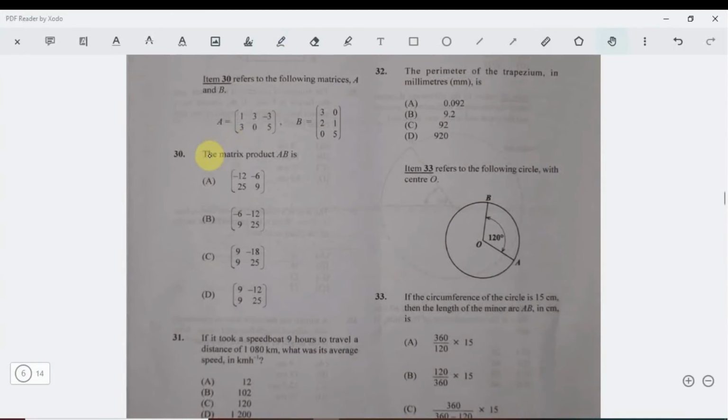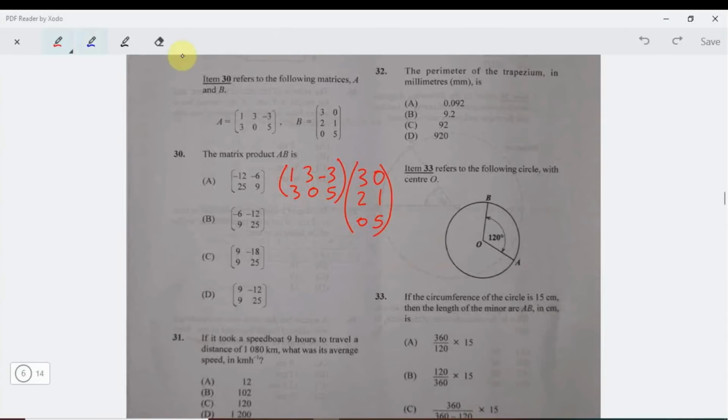Question 30. Find out what is the matrix product A times B. So we need to multiply A times B. So 1, 3, minus 3, 3, 0, 5 multiplied by the matrix B, which is 3, 0, 2, 1, 0, 5. Multiplying the matrix, we know it's row by column. So it's going to be first row, first column, which will be the first element right here.